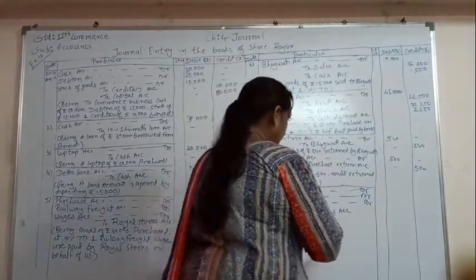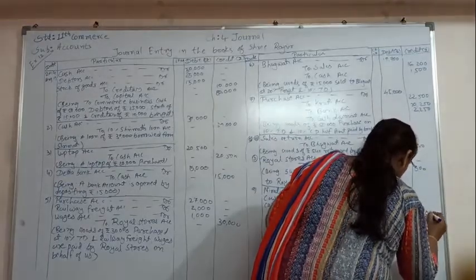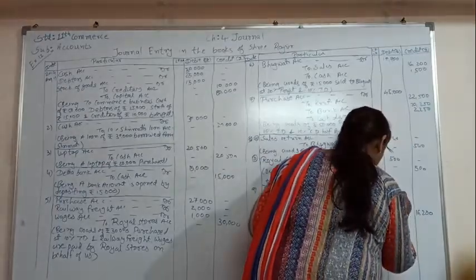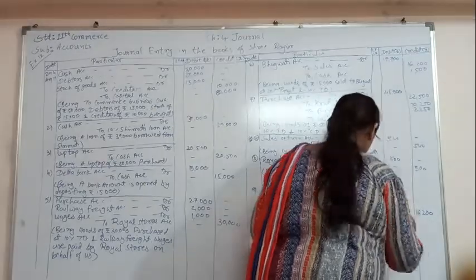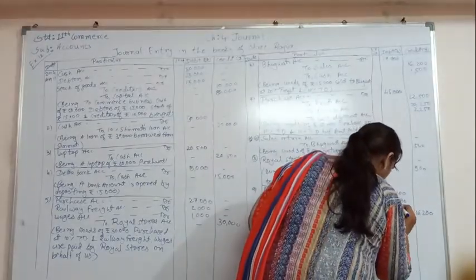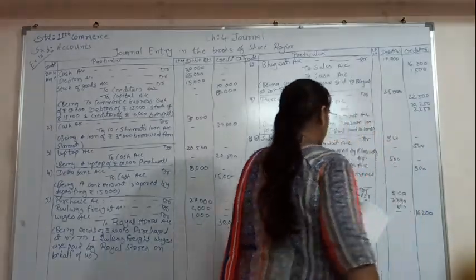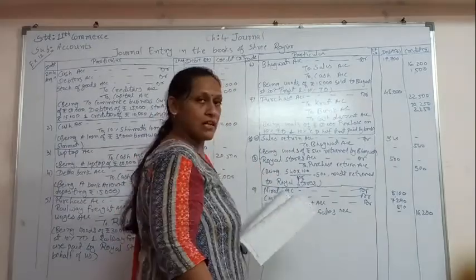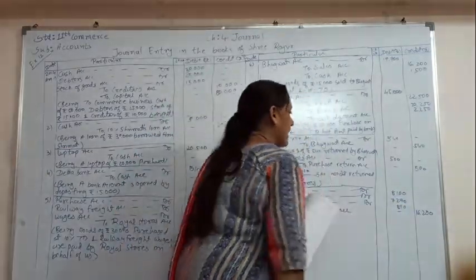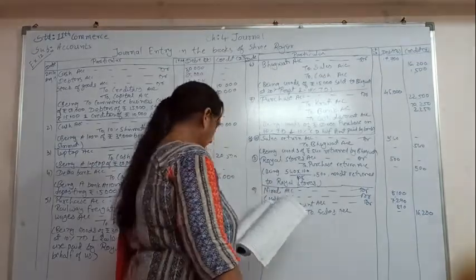Here total amount is 16,200 and half of them will be 8,100, and from that we can see 7290 and 810. This is the amount that we are going to get from Nirali. 7290, and 810 rupees we are going to give her as discount.